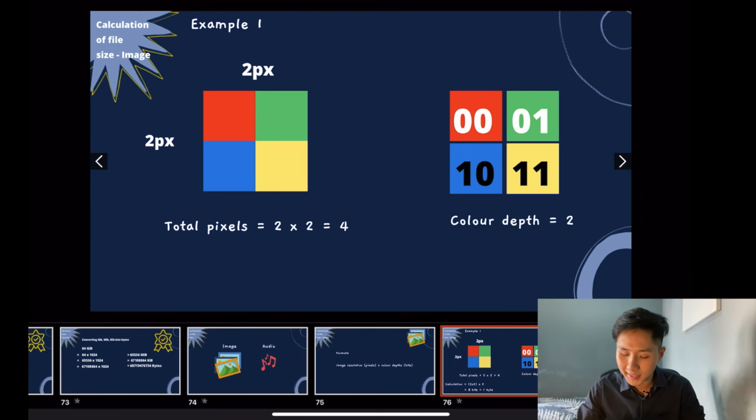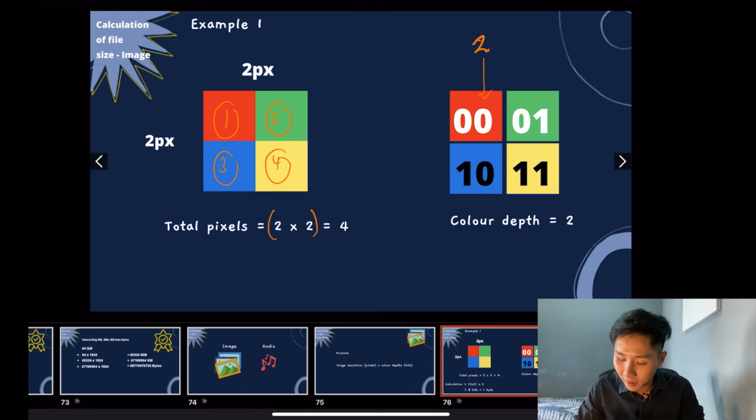As you can see here, the way we can calculate the size of this image is to first determine how many boxes there are. We can get it by multiplying the image resolution, 2 by 2, so we have 4 boxes. And for each box, we need to know how many bits there are in each pixel. Here we have 2. So the formula is image resolution by color depth.